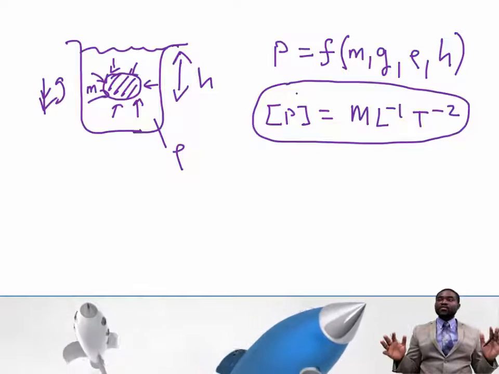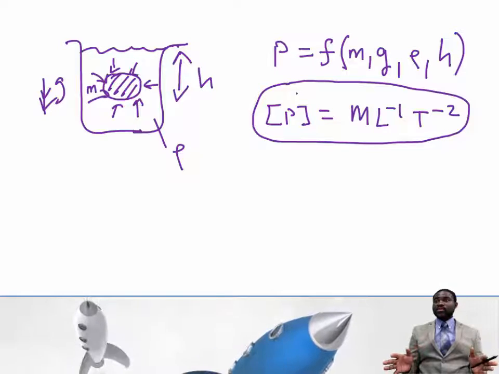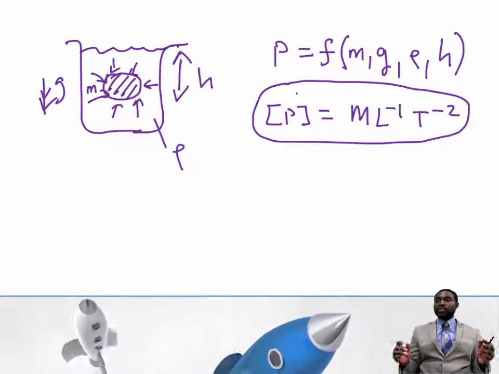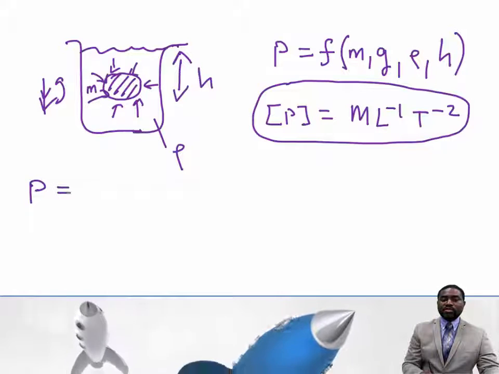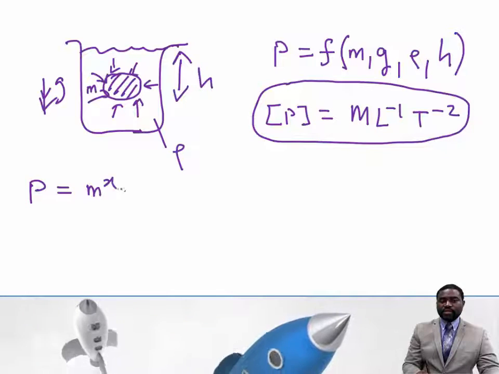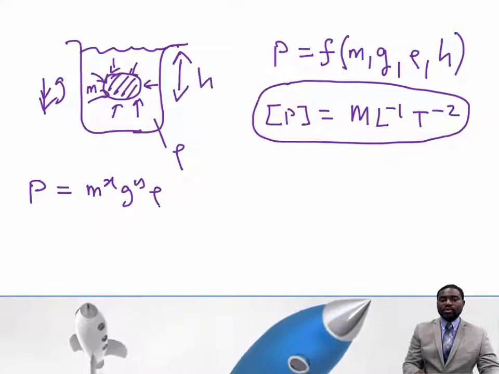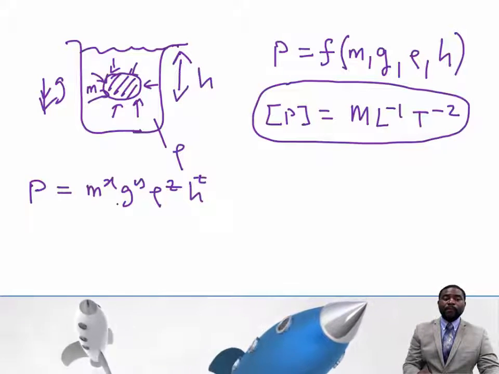All right, do you guys have a few minutes to spare? Let me do this problem for the sake of your quiz. It will take about a minute or two. We'll write P to be equal to, I will negate the constant, M^x g^y rho^z h^t.